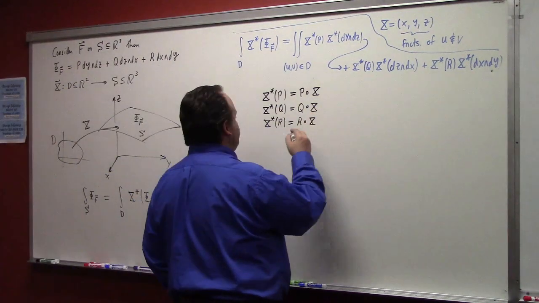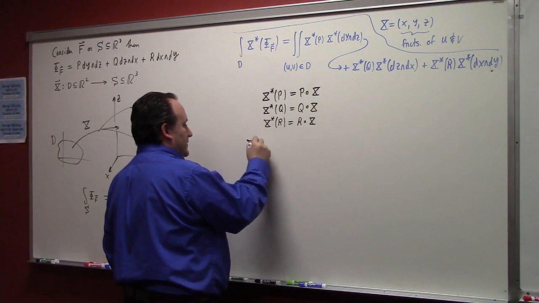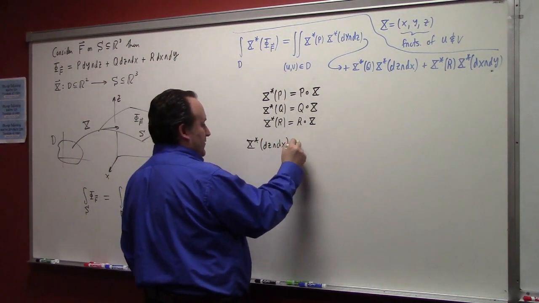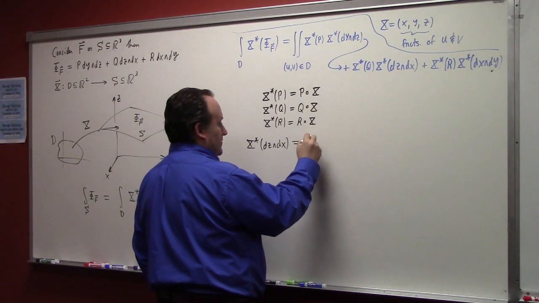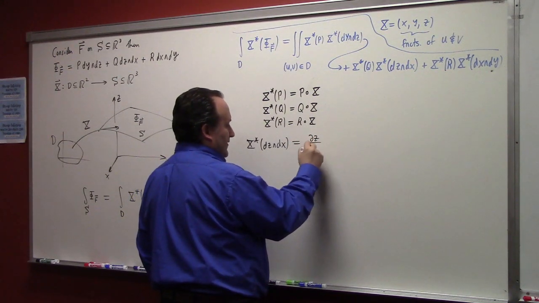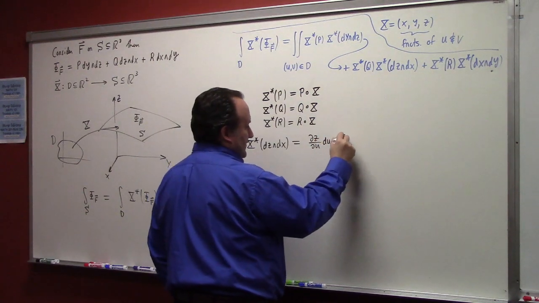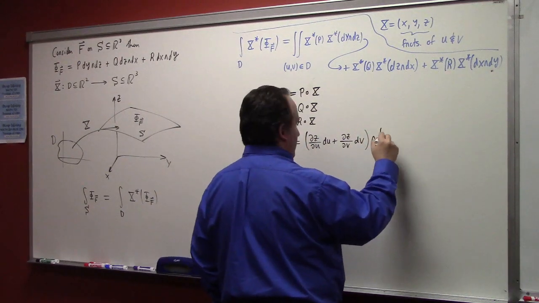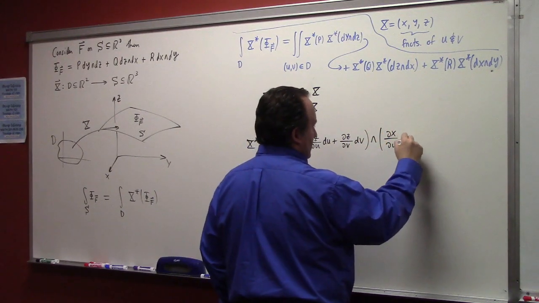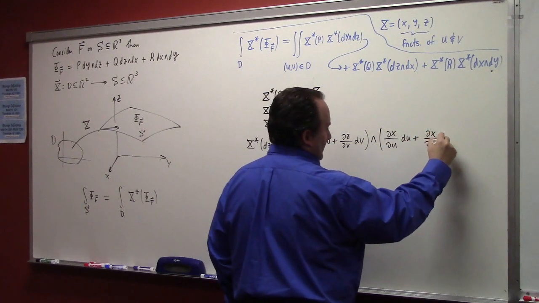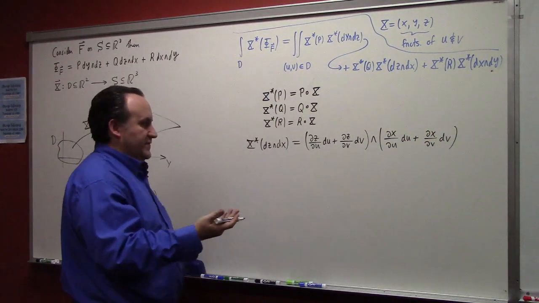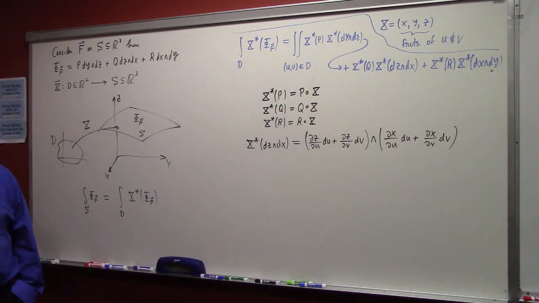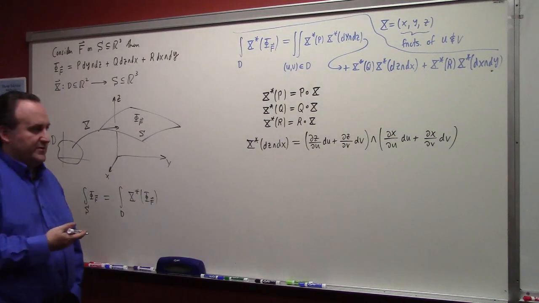But on the other hand, if we look at the pullback of dz wedge dx, what's that look like? Well, that looks like partial z, partial u, du, plus partial z, partial v dv, wedged with partial x, partial u, du, plus partial x, partial v dv, right? That was how this was accomplished. We plug in the parametric formulas and we take the total derivatives. That's the pullback. I mean, that is literally what we did.